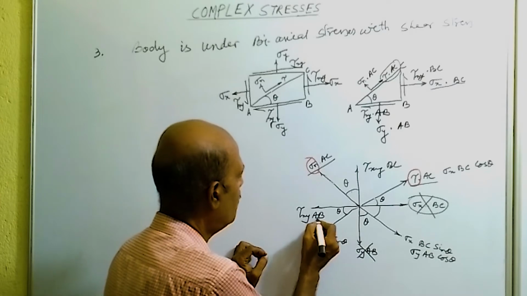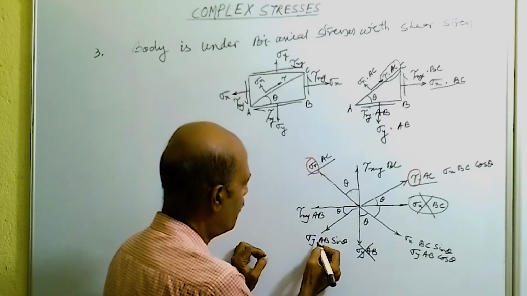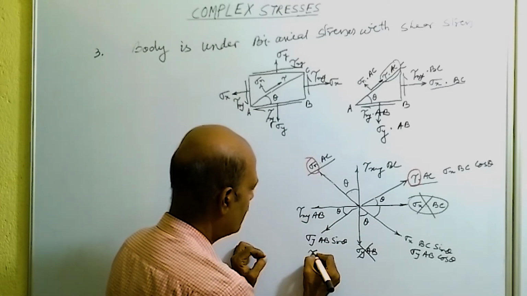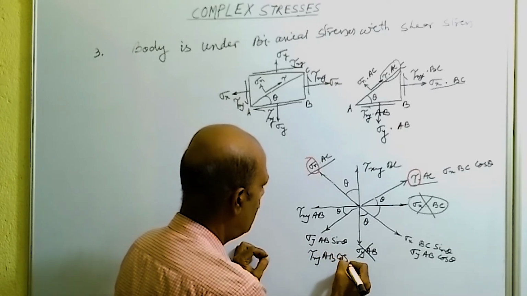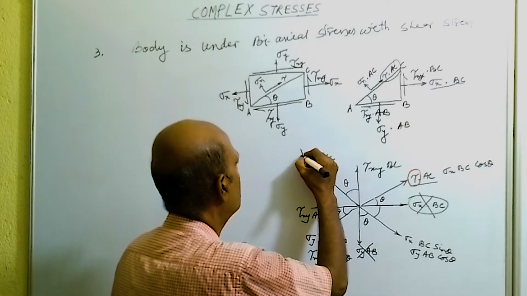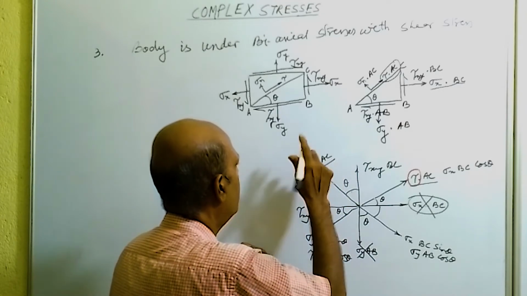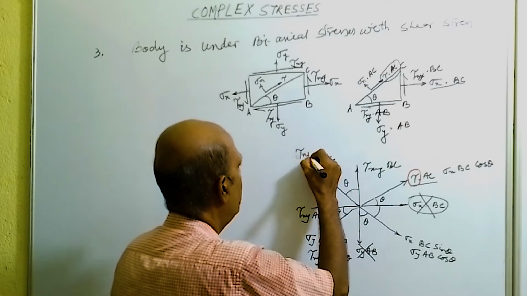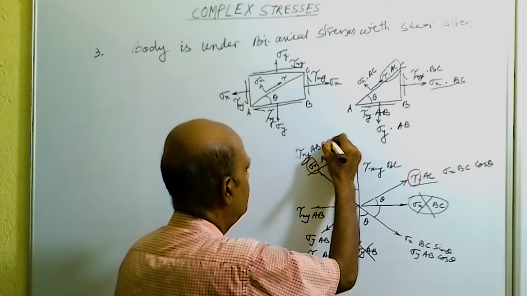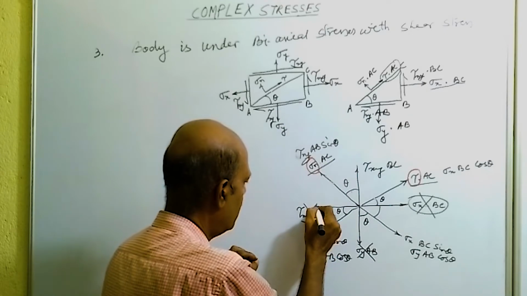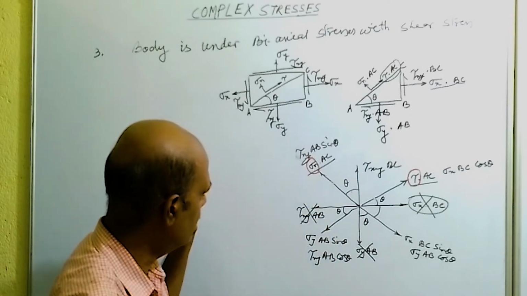Now consider this force, tau xy AB. The component along this direction will be tau xy AB cos theta, and along this direction it will be tau xy AB sin theta. This force is already resolved, so we are cancelling this.